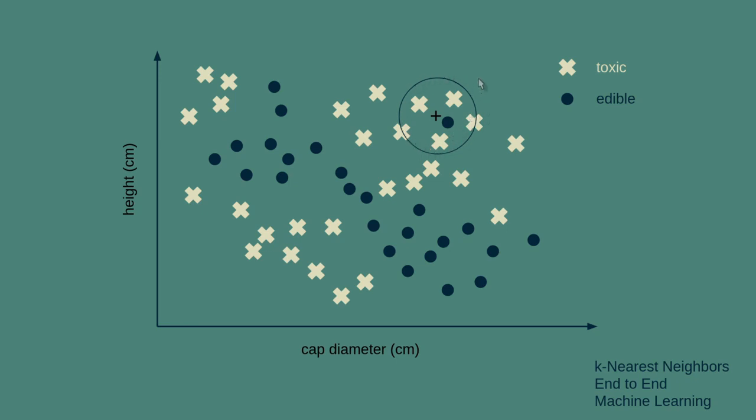So if we ramp that k up to be k equals 5, that just includes the edible mushroom and 4 toxic mushrooms. Those 4 toxic mushrooms will override the vote from that edible mushroom and it will be classified as toxic. So depending on what we believe about the accuracy of our data, that will affect the choice of k. A higher k does more correction for noise and inaccurate data points. A lower k gives us greater resolution.